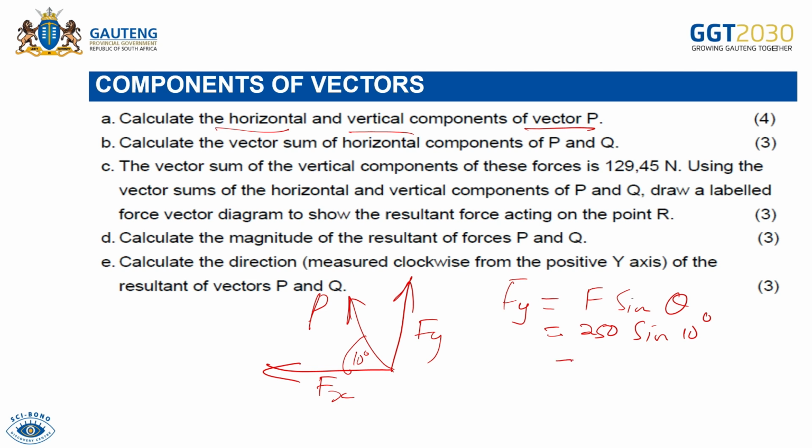Then 250 sine 10 degrees, I'm getting 43.41 newtons. Then what is the direction of Fy? You can say it's upwards. It's acting upwards.